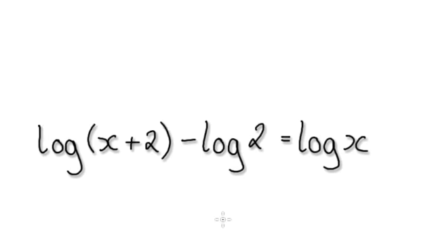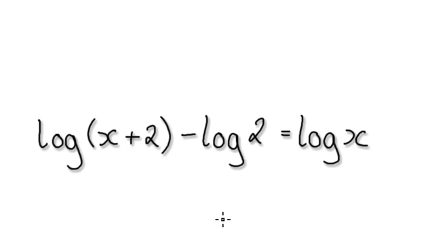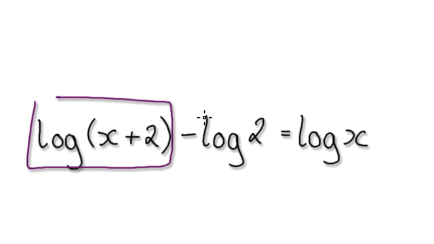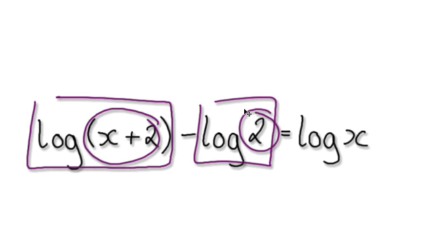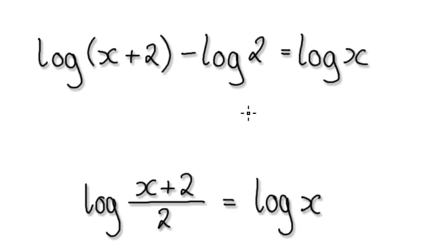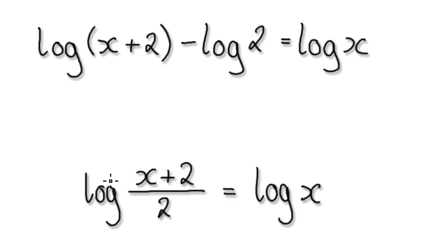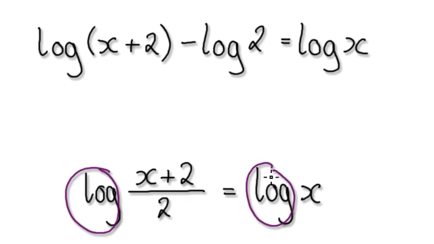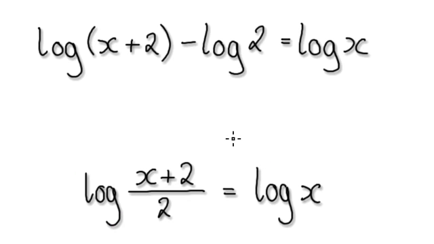Okay, next question here, last one here. So solve this one here. Press pause and have a go. Okay, so here you can see it's one log taking away another log, so you know you can get this divided by this. That will then take you to this. Now whenever you've got log and then log on this side here, let's work in reverse.